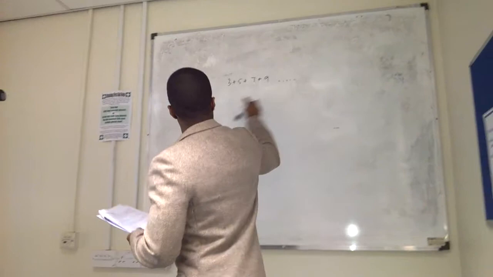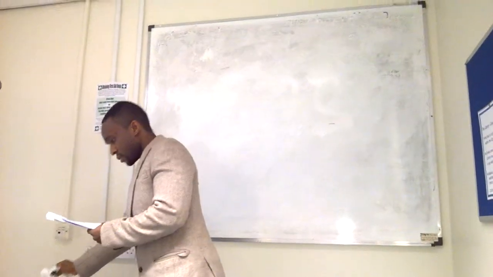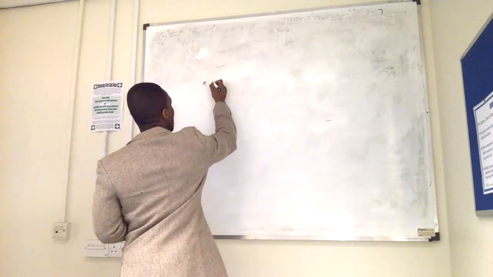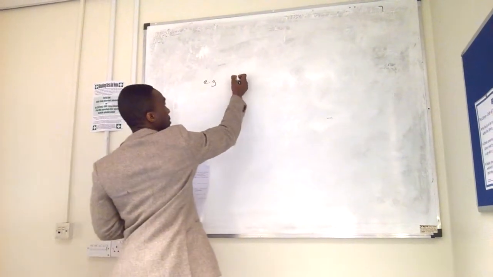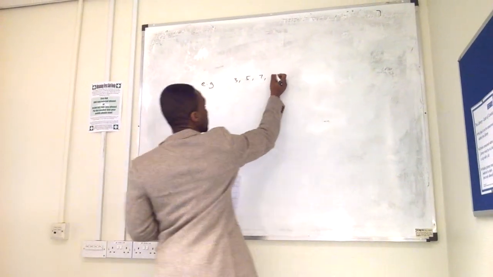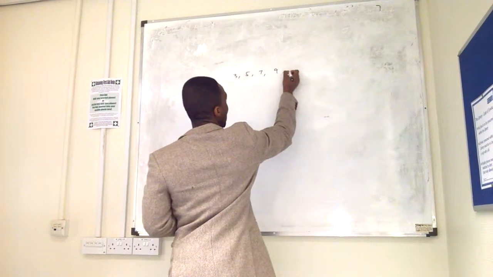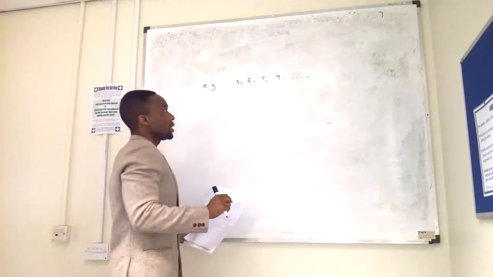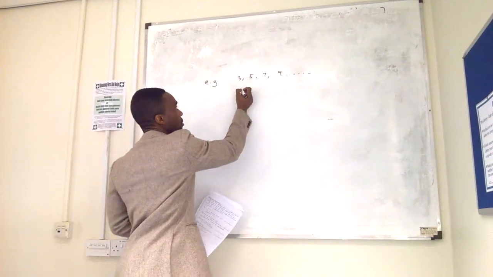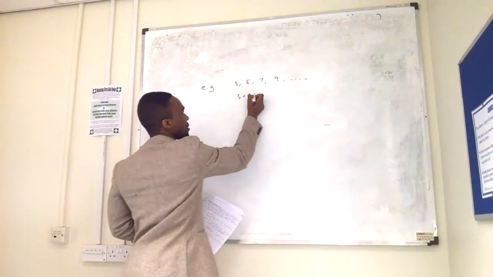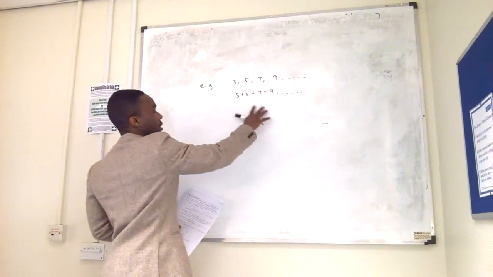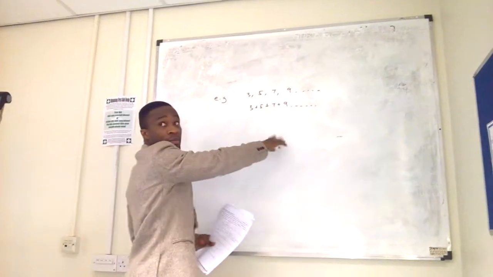First things first. If we have a series like 3, 5, 7, 9, and so on, we can rewrite it as this, and we can find the sum.